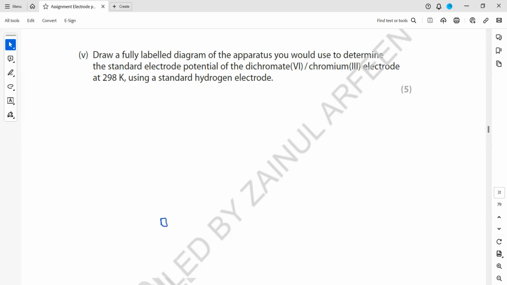we have platinum, and that is dipped in a solution of 1 mole per dm cube hydrochloric acid.